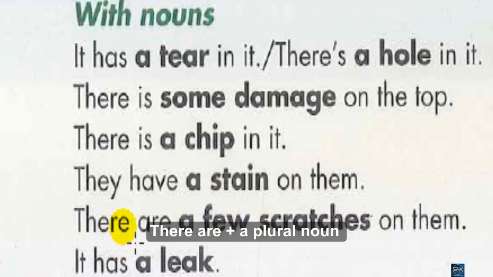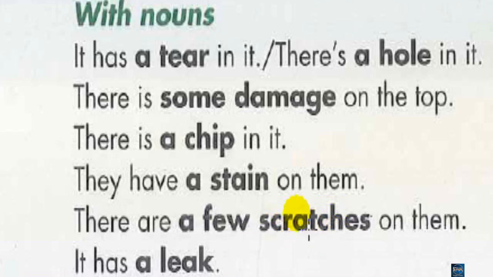Sunglasses, glasses, plural. There are a few scratches. Not one scratch, a lot of scratches, 2, 3, 4. So for the plural, we say there are, they have, plus a plural noun, scratches.